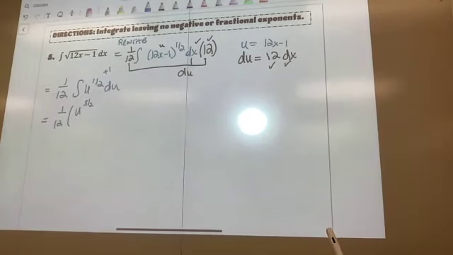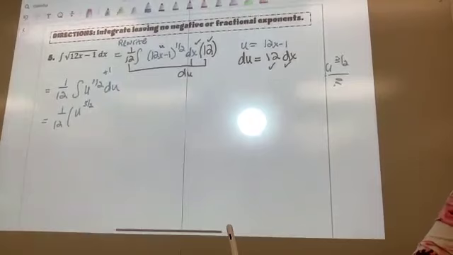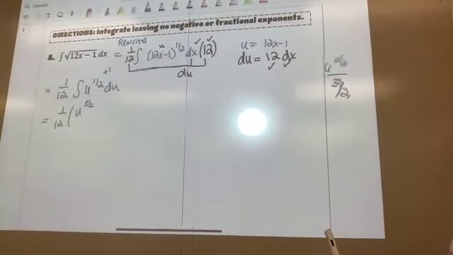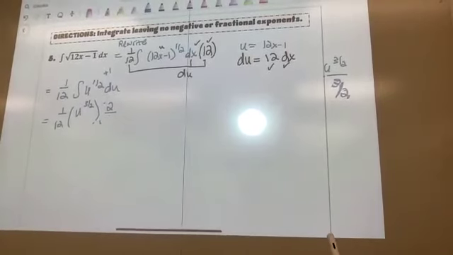It would be u to the 3 halves over 3 halves, but I can go right to times 2/3. Do you agree with that? That's what I like to do, so that I have to write less. Okay, and then don't forget plus c for indefinite integrals.